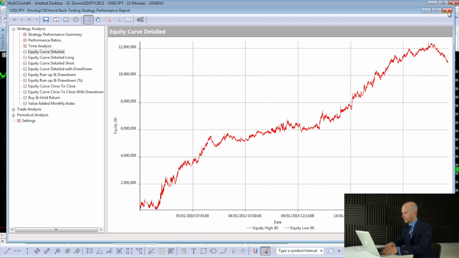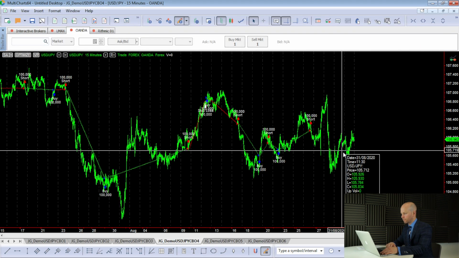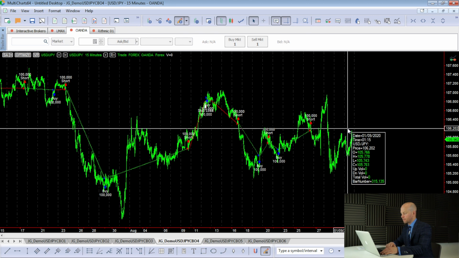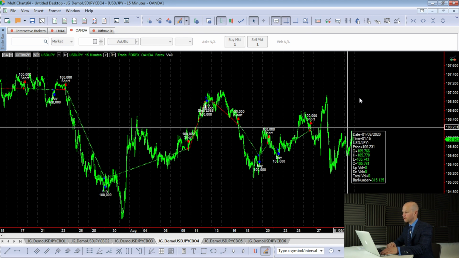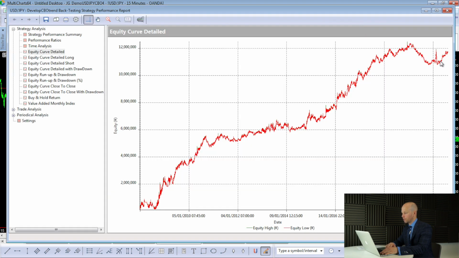So that was October 2019 when I stopped trading the strategy. Now in the next workspace, we've got data up until September 2020, so almost a year later. And this is about when I actually switched on the strategy.